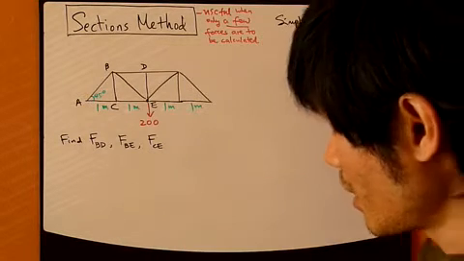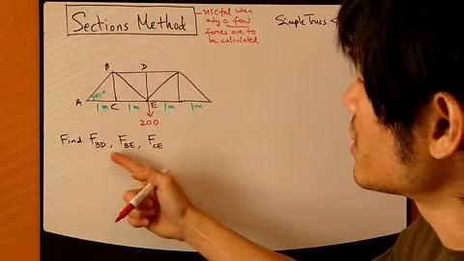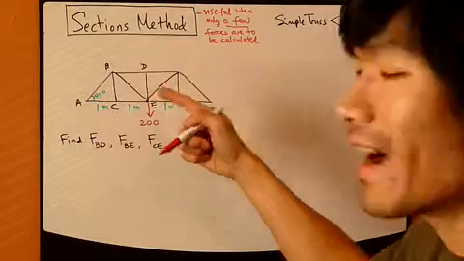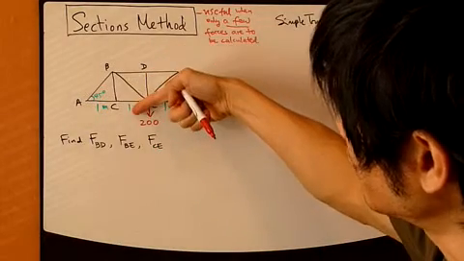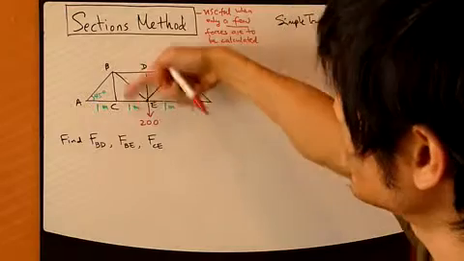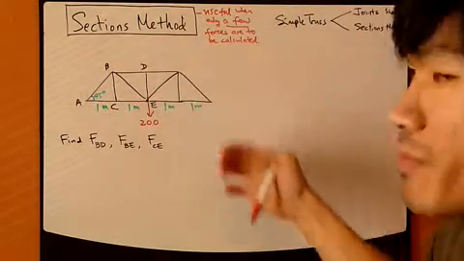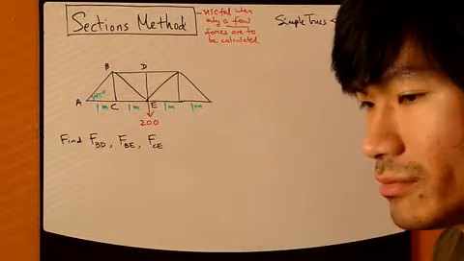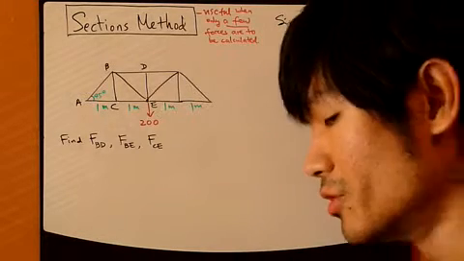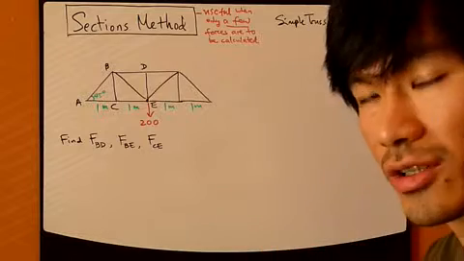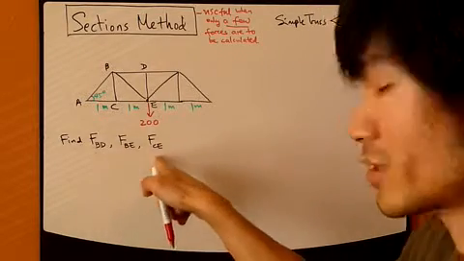Okay. Now, you recognize that these three members, BD, BE, and CE, are kind of lined up, right? BD is here, BE is here, and CE is here. So they're kind of here in this box right here. So for the sections method, what you do is you make a line that cuts through the middle of your bridge, that sections through all the unknown forces.